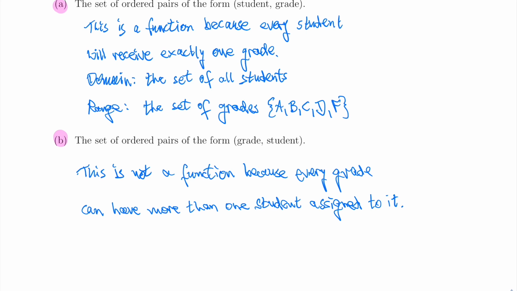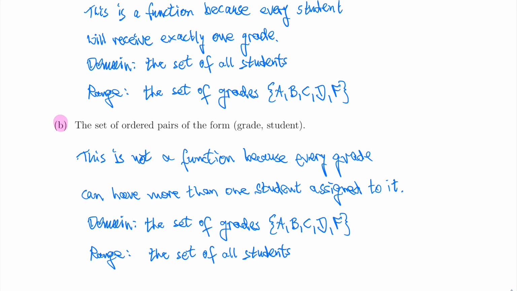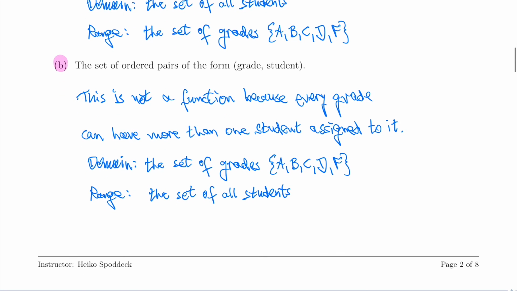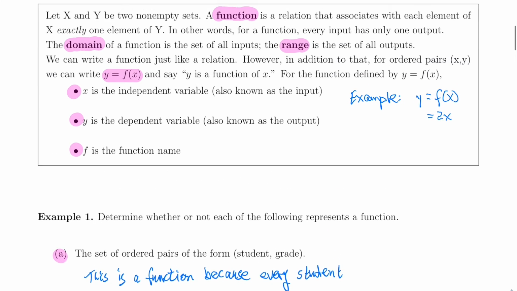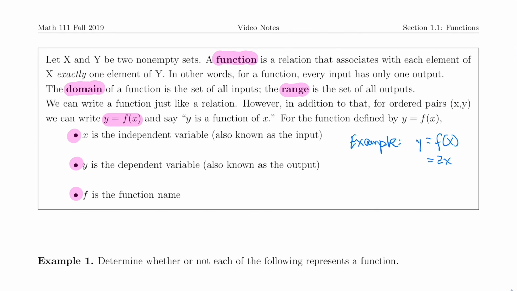Because now the input are the grades, while the range is now the set of all students. So that's in these two examples turned around. So that is the basic takeaway of this particular video, is to understand that a function is defined as having for every input only exactly one output, and that the inputs are called the domain and the outputs are called the range.